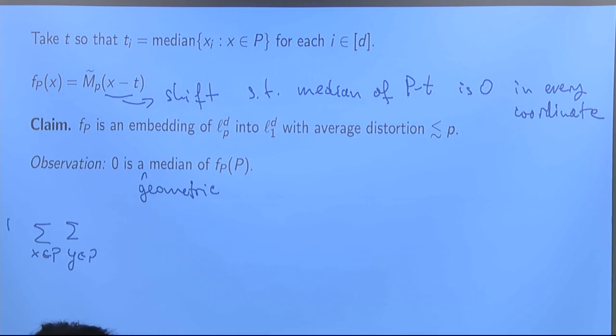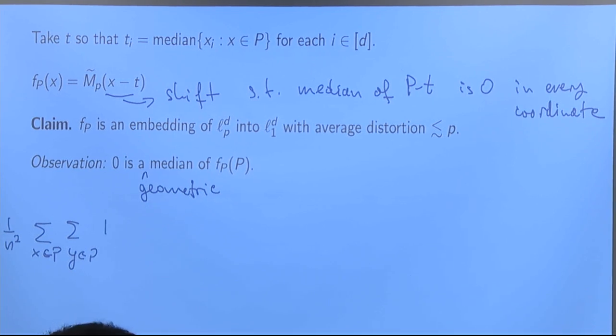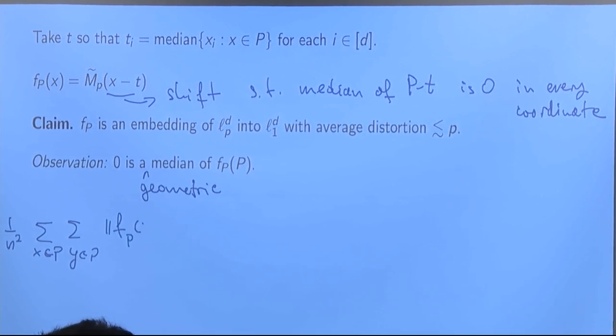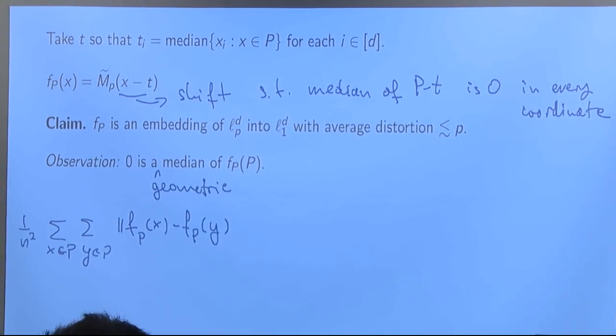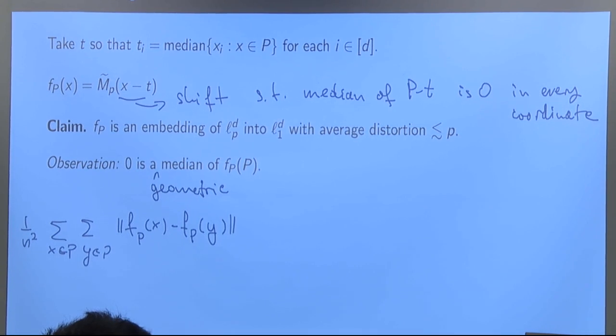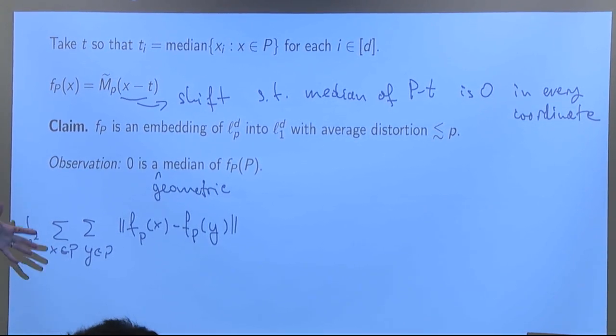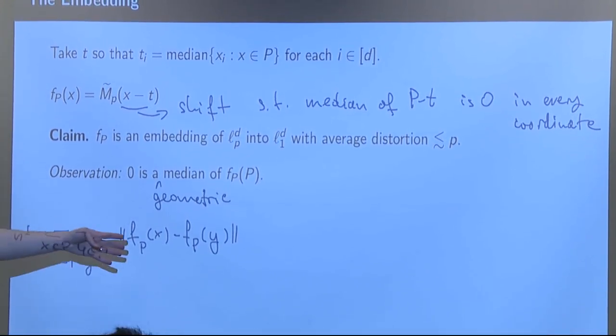Again, I'll use n for the size of P. So I have this average distance. I want to make sure that it's not much smaller than the average distance between points before I map them through F.